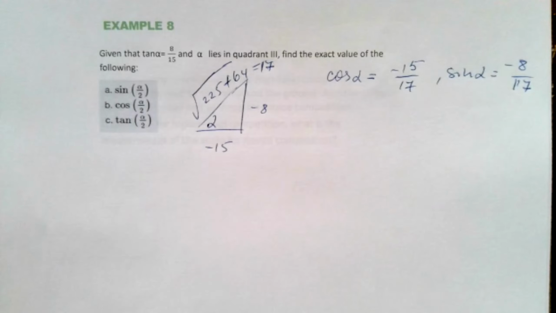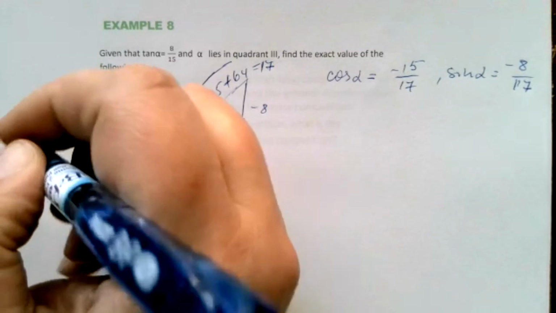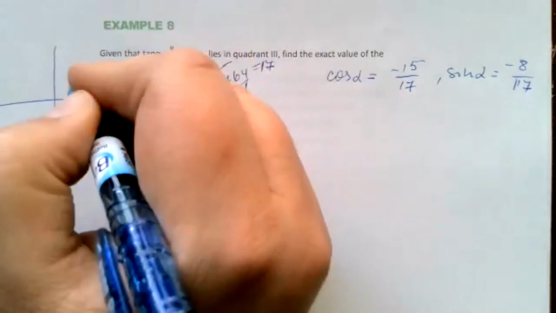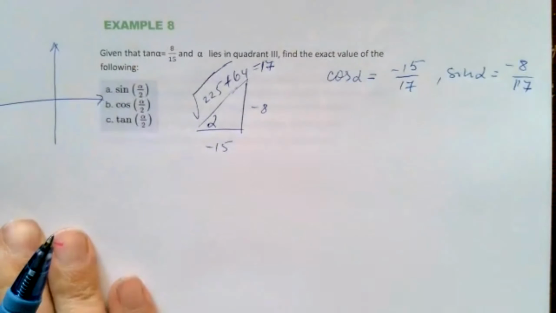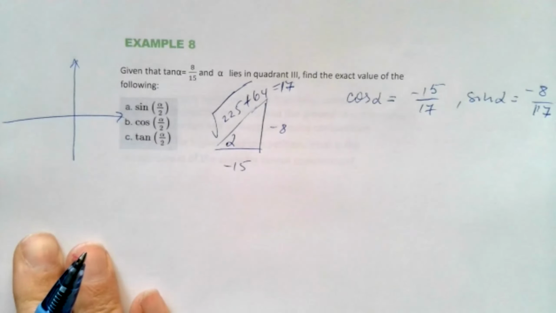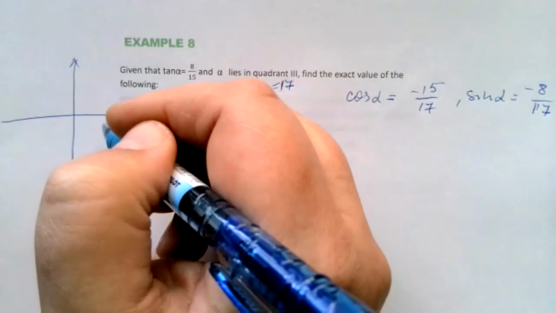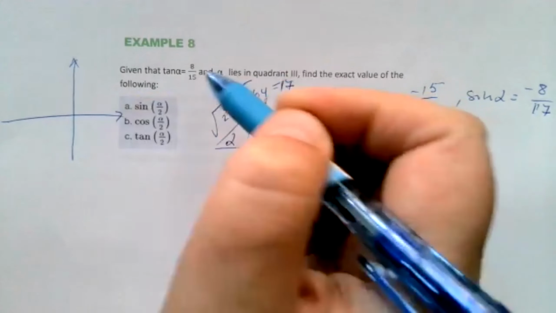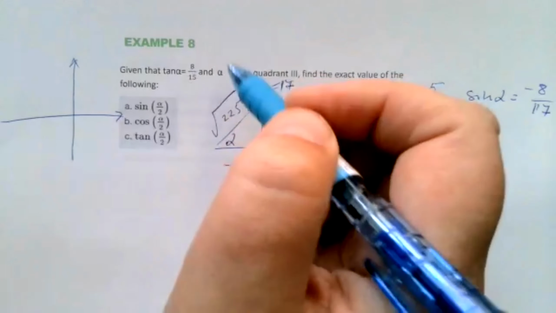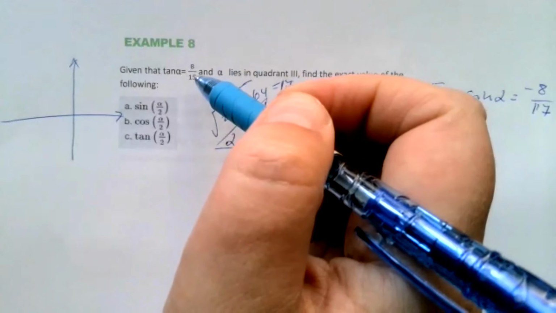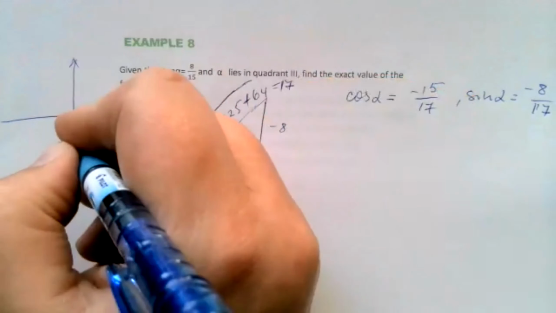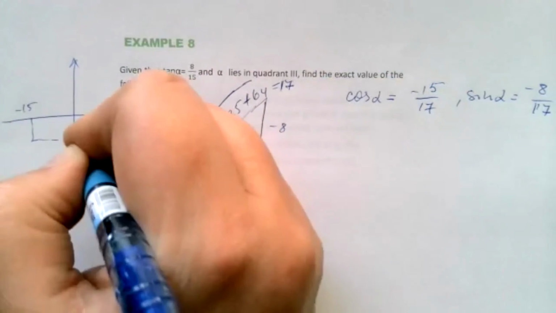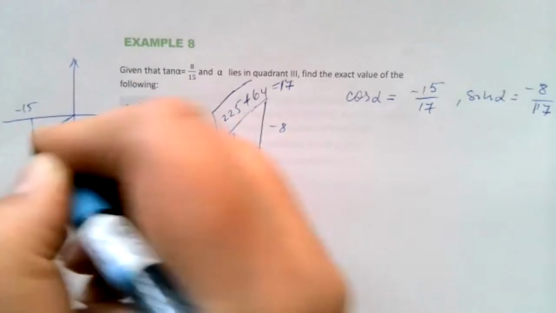Now, let's take a look at where alpha over 2 is going to be. If this is our axis of coordinates, we know that alpha is in the third quadrant, with -8 and -15. So that's where alpha is.